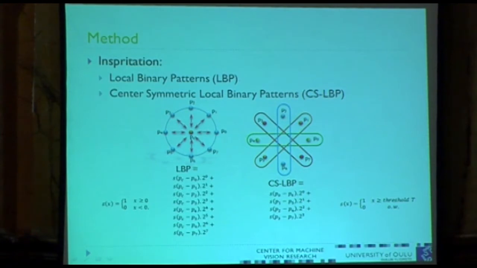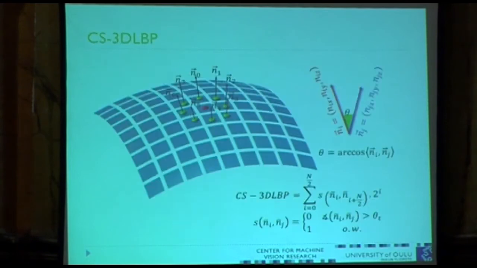It produces a smaller number of LBP labels and results in shorter histograms. Since the number of comparisons is halved here, it is also faster. We compare orientations in terms of angles between the opposing points to produce these labels, and angles are obtained by inner products. And the threshold function compares the angles with a threshold alpha.